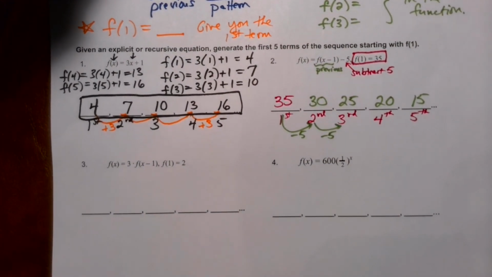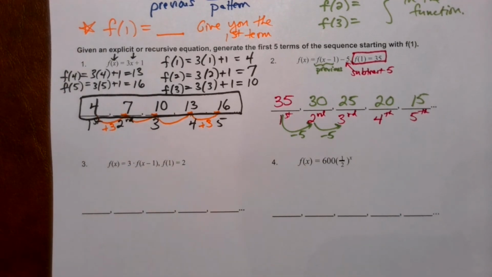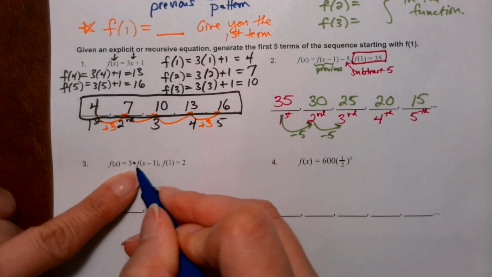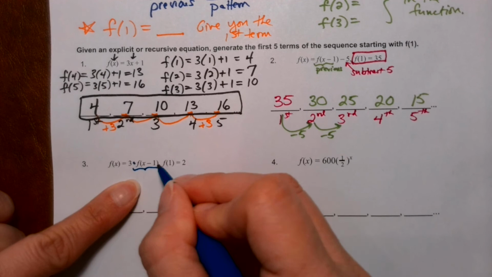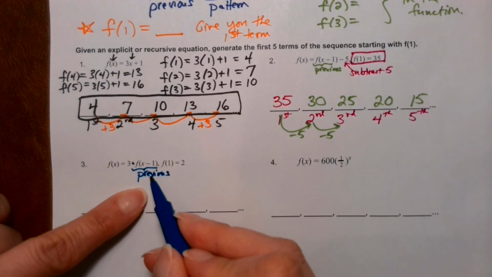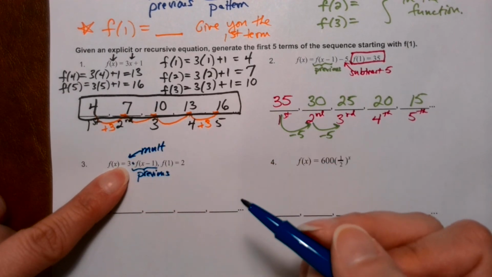Number 3, is this recursive or explicit? Let's see. When it says f of x minus 1, that means previous. And what do they want us to do to the previous? They want us to multiply by 3.